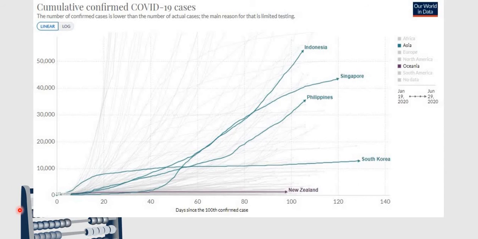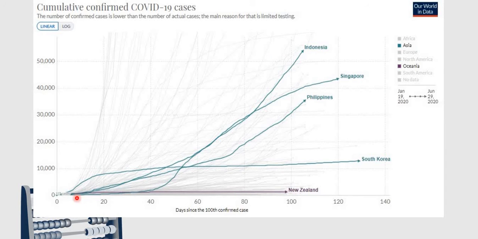And again, the reason for this shape is because we are pairing the number of days to the number of cases. Now we have the graphs of two countries that are known for effectively handling COVID-19, South Korea and New Zealand. As you can see here, in the South Korean graph, it rose up, but then it becomes flat, flat, flat. It's not rising much. Their numbers are just between 10,000 to 20,000, although that's still a lot, but that is lower compared to these countries.